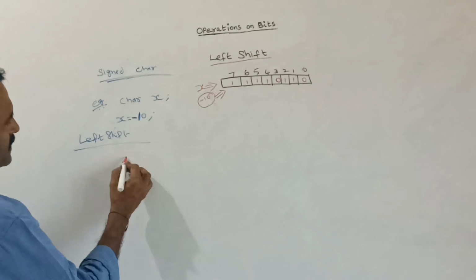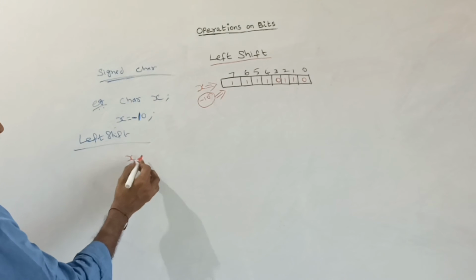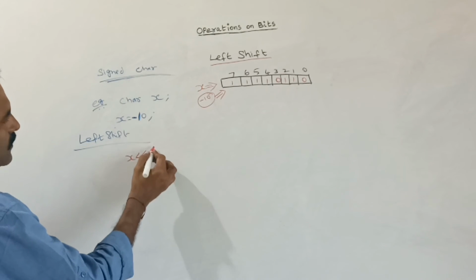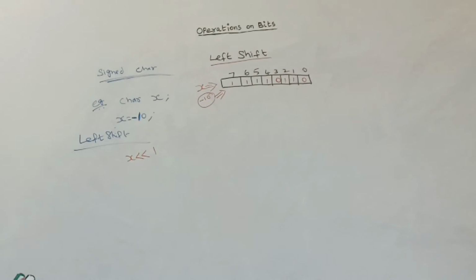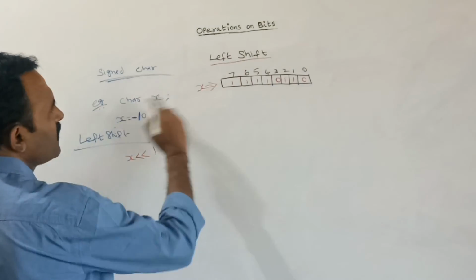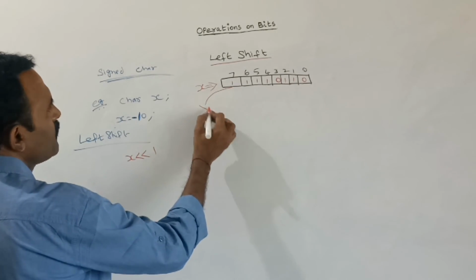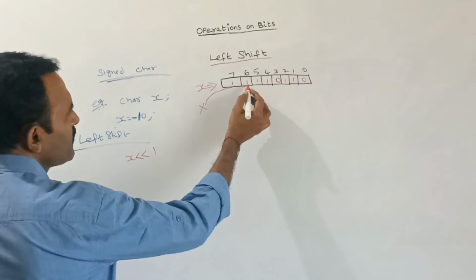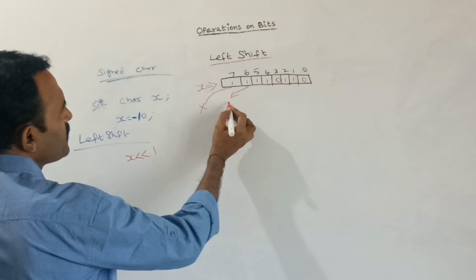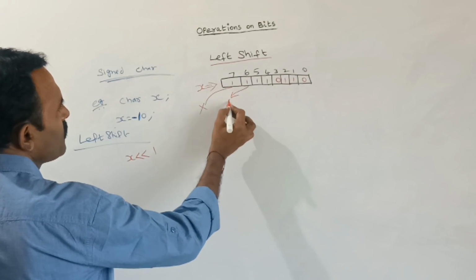If you are left shifting this x, that is minus 10, by one position, the seventh position will be removed. Next, the sixth position value comes to the seventh position, so the seventh position value is now 1.